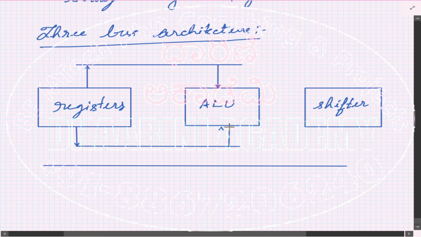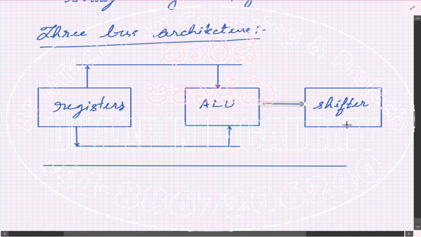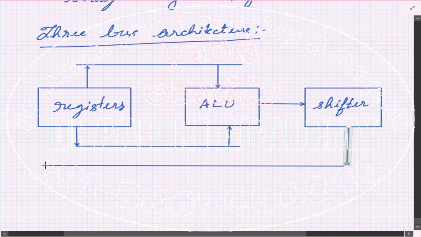This is going in. All right. Then there is a connection like this. It's going in here, and this is connected like this. The last connection will be like this.